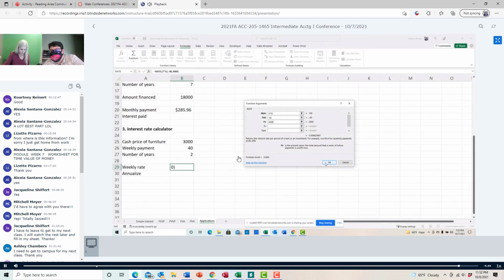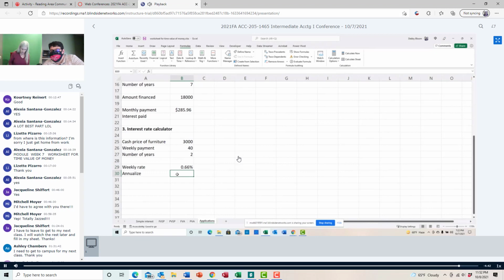So now to annualize the rate, you take 1 plus the weekly rate, take it to the power of the number of weeks in a year, so we would take it to the power of 52, and then subtract the number 1. So to annualize that rate, I'm going to open it up with 2 parentheses.